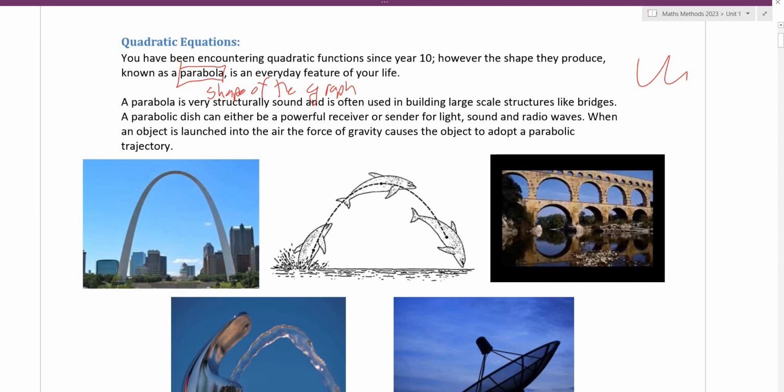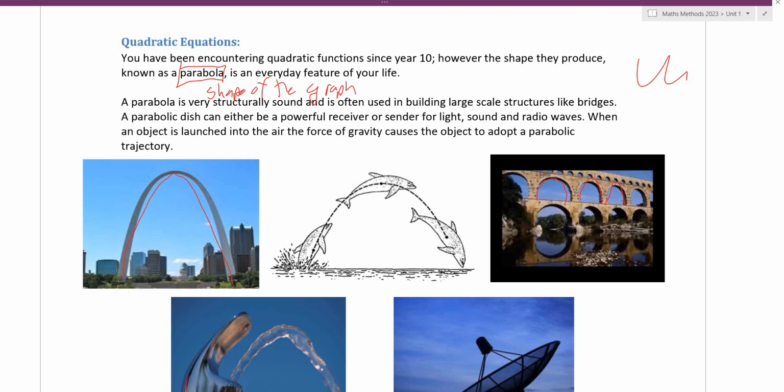Parabolas are something that you see all over the man-made and natural world. It turns out they're one of the most sturdy shapes for building. So you see lots of arches doing the parabola shape. The ancient Romans used them in the aqueducts. Any object that is thrown, like if I throw this remote control at Zoe Higginbotham up the back, is going to go in the shape of a parabola.